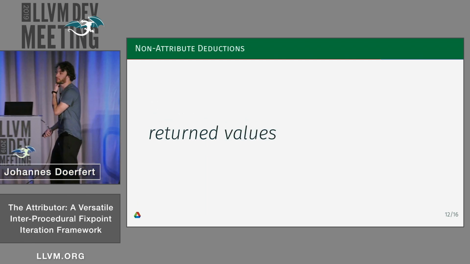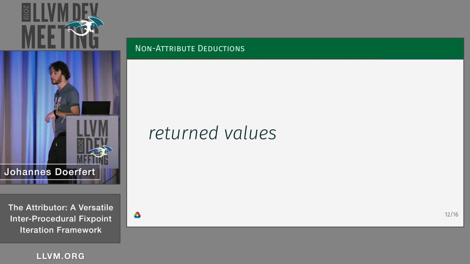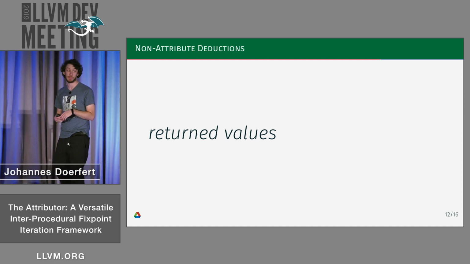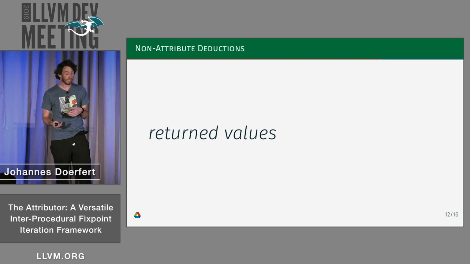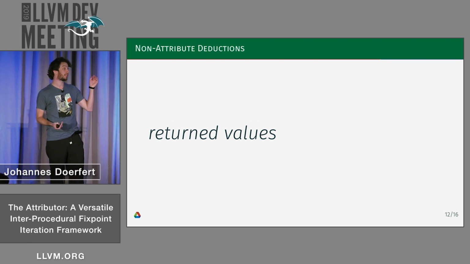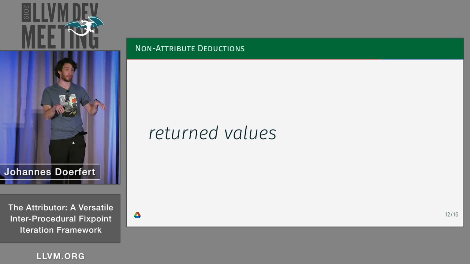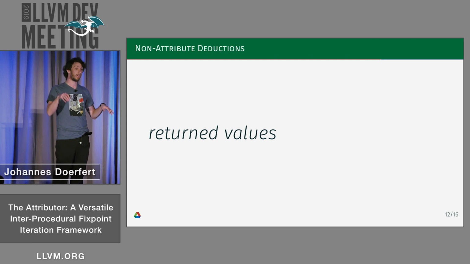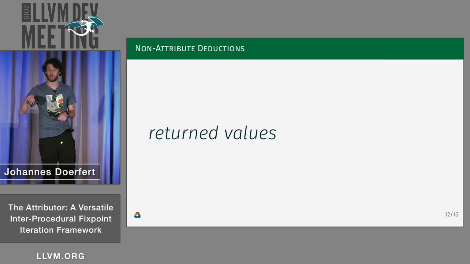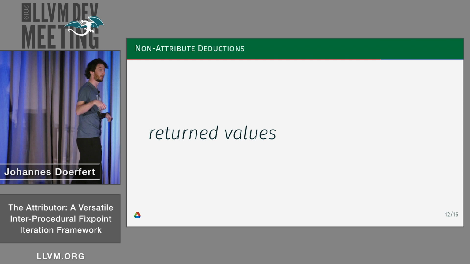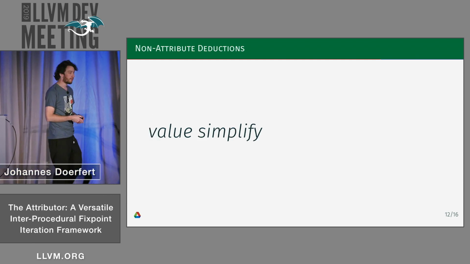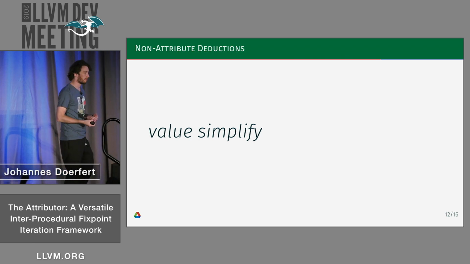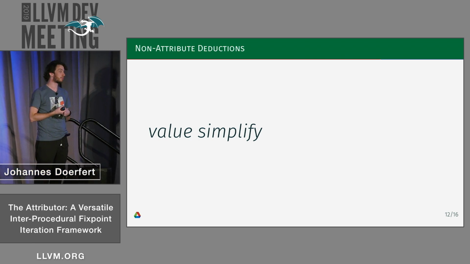You get return values, so all the values that can be returned, even if it's not a single one, maybe all of them together have a certain property you're interested in. They are categorized by where they're returned, so you could potentially use the control information at the point where they're returned. We have value simplify, which is, for example, constant propagation and constant folding.